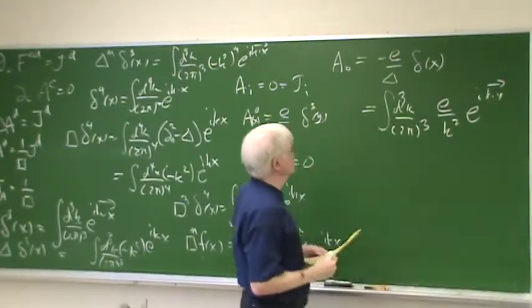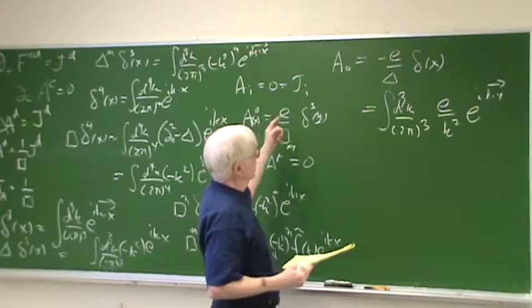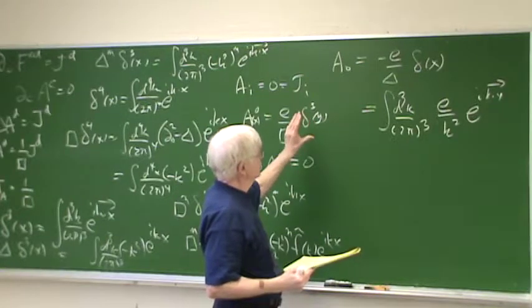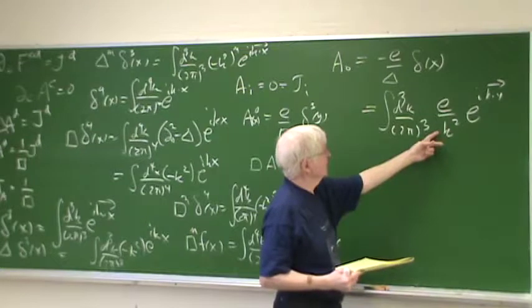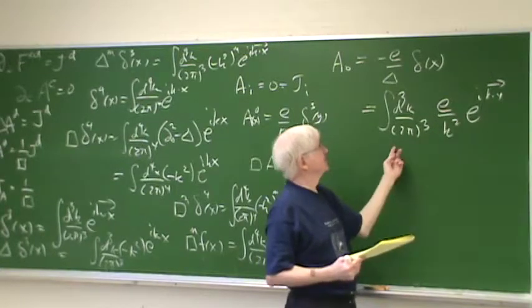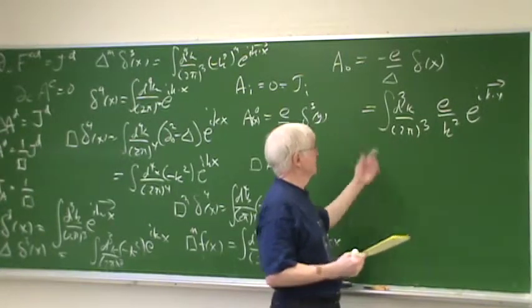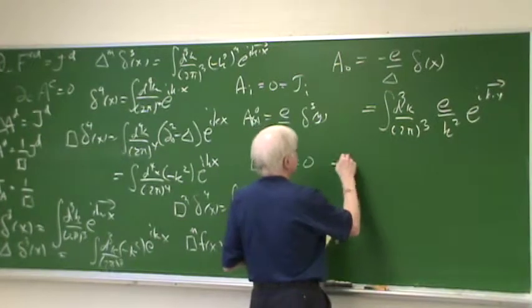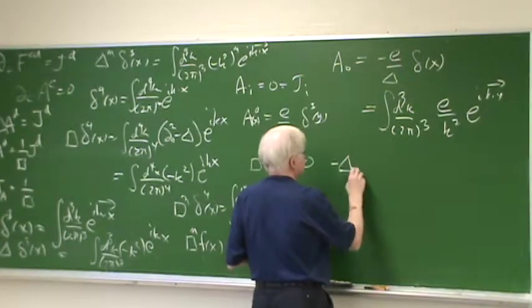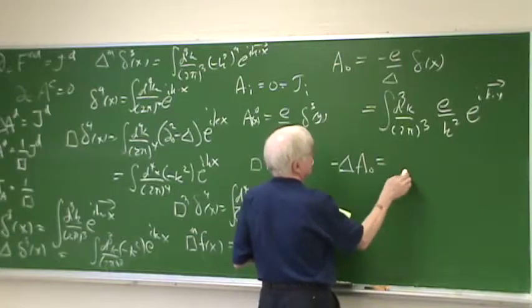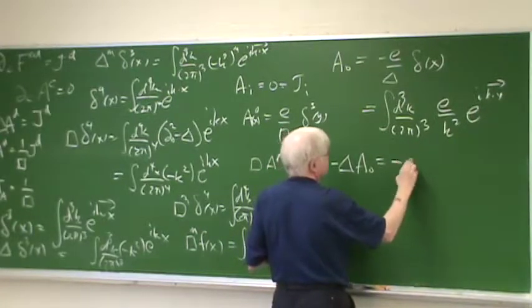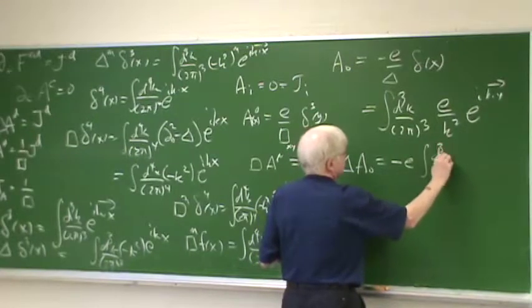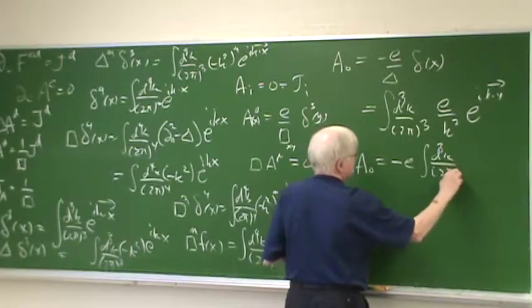And now why is this true? Well, if you multiply this thing by Laplacian, this pulls down a minus k squared. That then gives you a delta function, and so in other words, what you get is minus Laplacian on A0 is minus E integral d cubed k over 2 pi cubed.